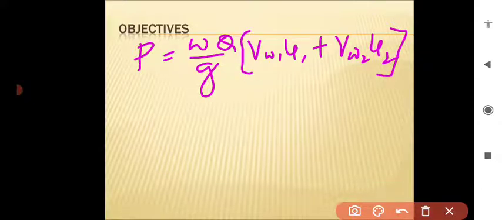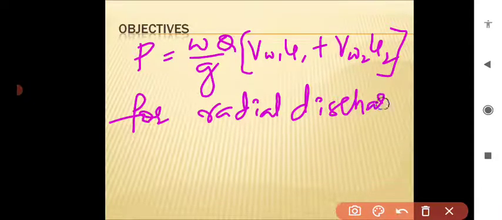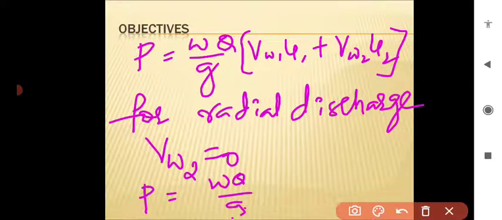For radial discharge, Vw2 is equal to 0. So finally the power is equal to WQ by g into Vw1 U1. This is the power equation.